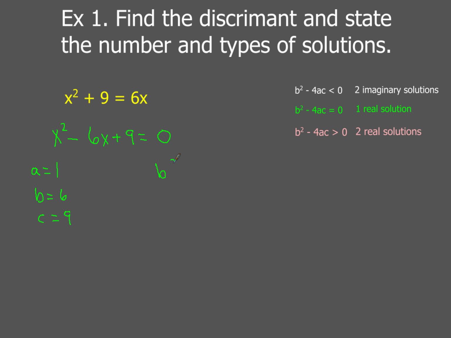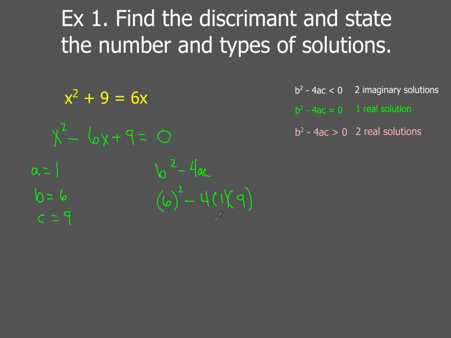Next, we're going to write down our formula b squared minus 4ac and plug in those values. We're going to substitute in the values a, b, and c, and then determine if that value is positive, negative, or 0. So let's go ahead and plug in negative 6 for b. We square that, and then we have 4 times our a value is 1, and our c value is 9.